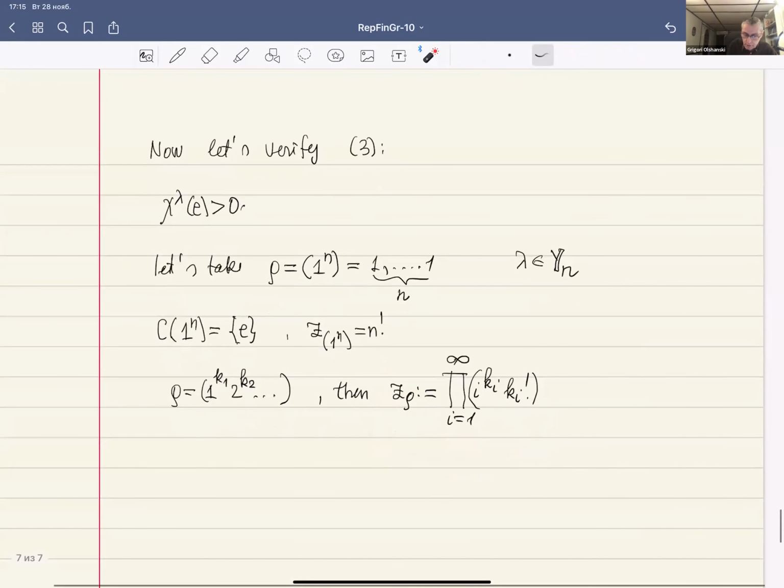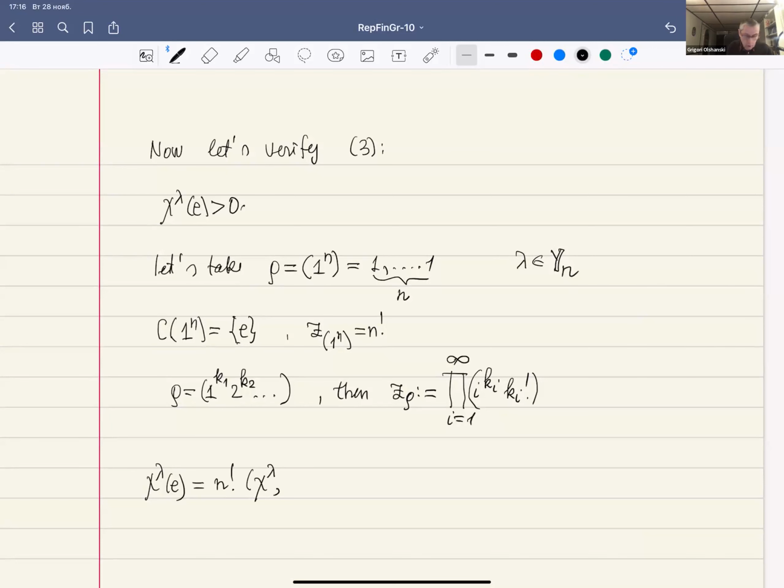The next observation is as follows. We want to deal with this value, but what is this? It is n factorial times the scalar product with this characteristic function, because this characteristic function is simply the function which is concentrated at the unit element and takes value 1, and this coefficient is introduced because we have to normalize.